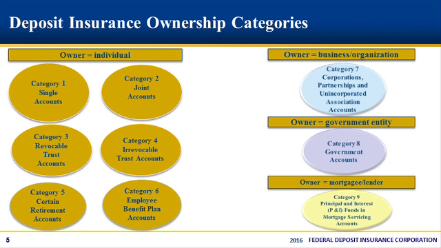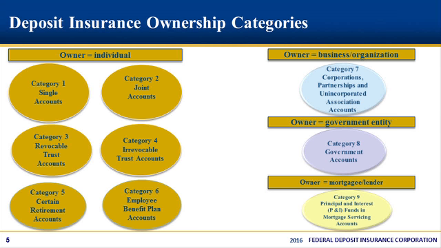FDIC regulations provide for up to 9 different primary categories of deposit insurance coverage, and therefore this means up to 9 different ways to get separate deposit insurance coverage. For today's presentation, I will be discussing the 3 categories on the right side of this slide. Category 7, Business Organization Accounts, Category 8, Government Accounts, and Category 9, Principal and Interest Funds in Mortgage Servicing Accounts.